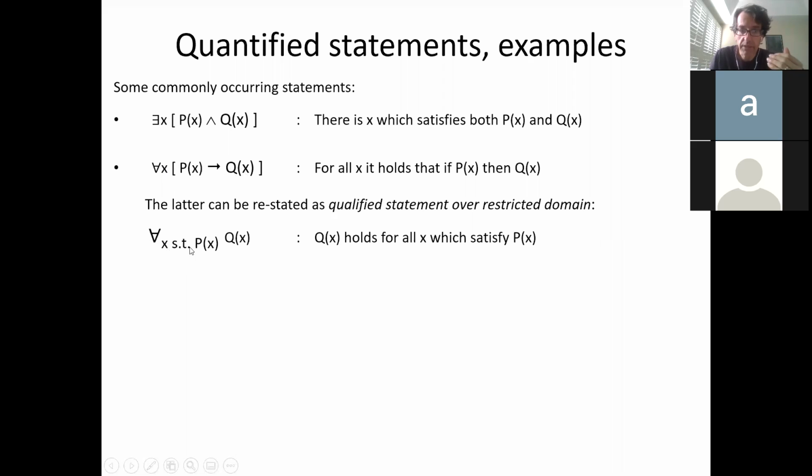For all X's ranging over the domain of those that satisfy P, Q will hold on them. They will also satisfy predicate Q. This is a different syntax, but that's how this can be read, and vice versa, right? So you can recognize these implications as restricting the domain.